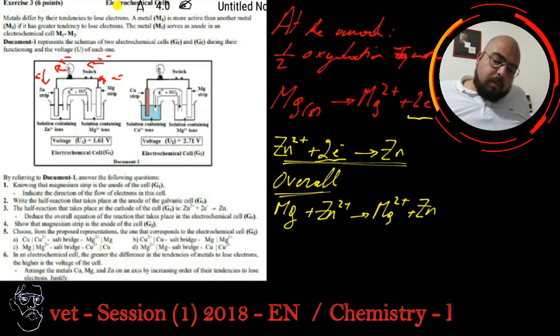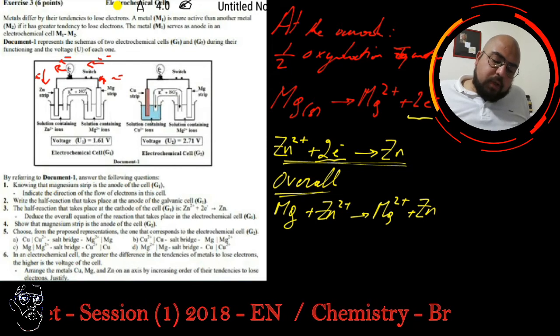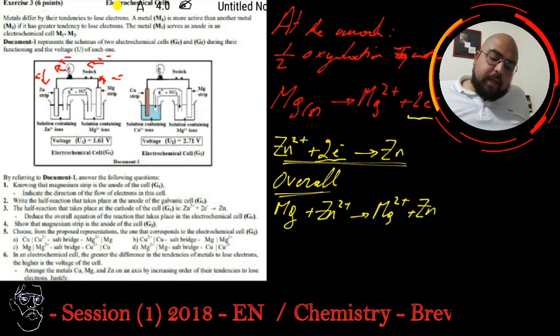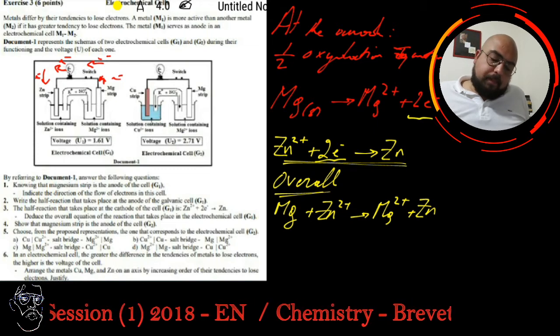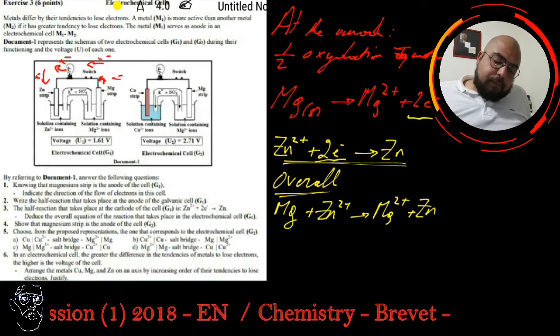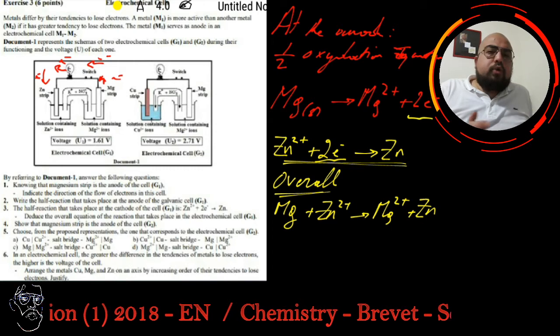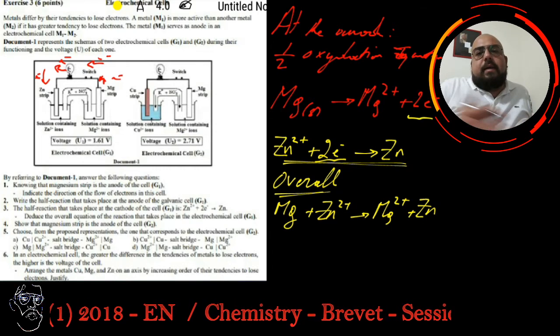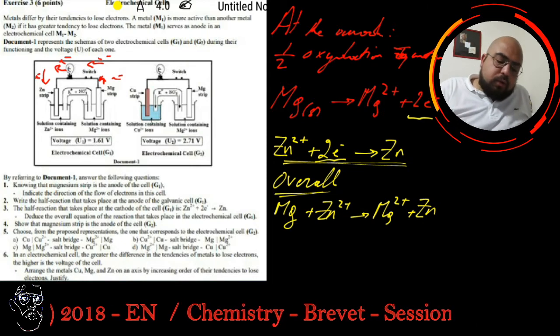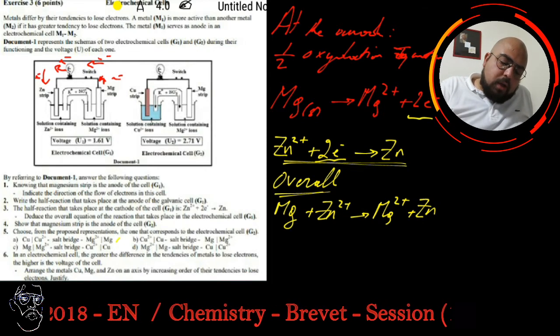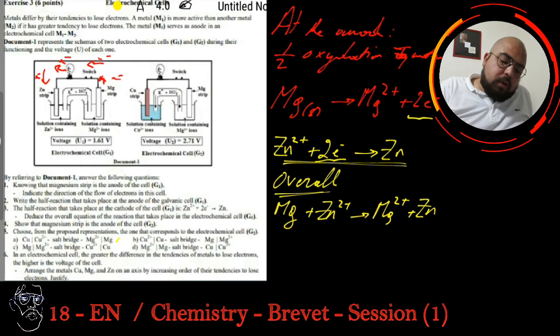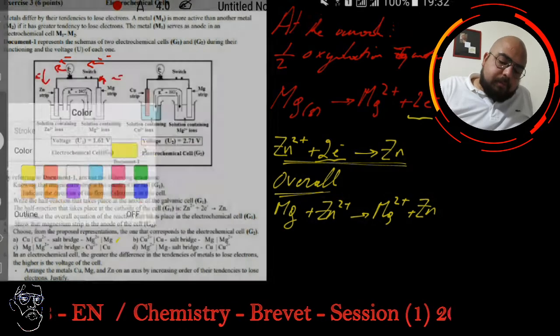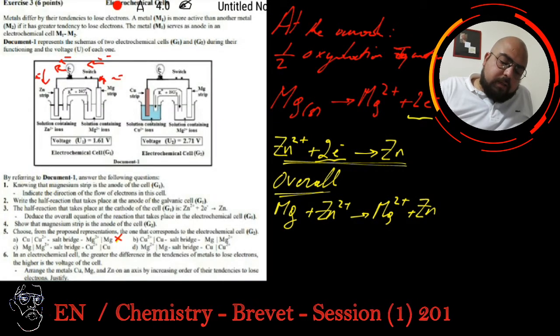Choose from the proposed representations the one that corresponds to the electrochemical cell G2. In order to represent it, you need to put the anode on the left side and the cathode on the right side. So Cu with Cu2+, you need to forget about it because Cu is on the left side.